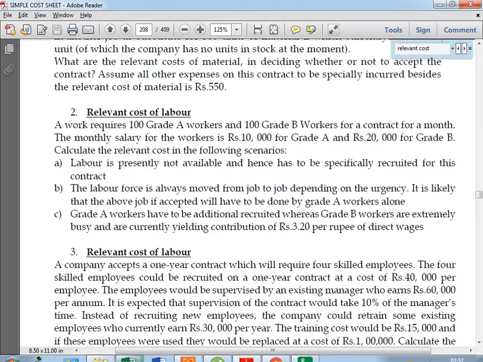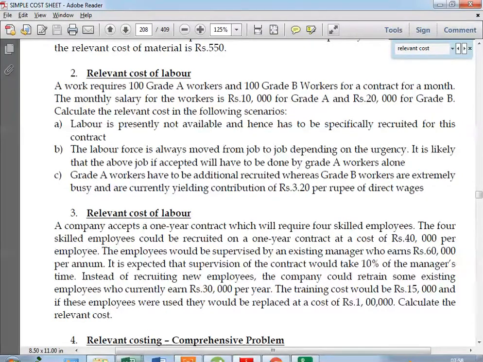Next point. This is more for your understanding. The normal terminology of contribution is post deduction of all variable cost, including labor cost.